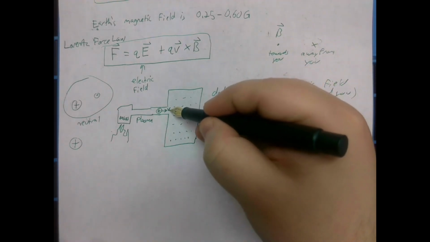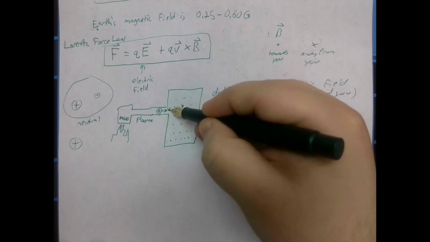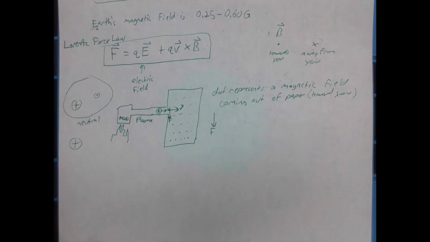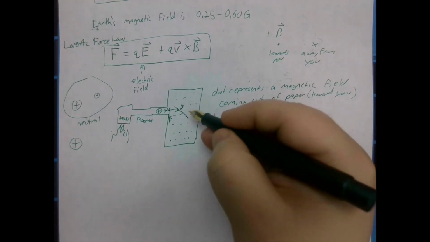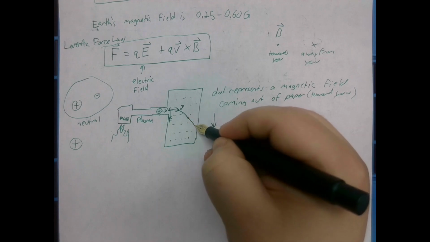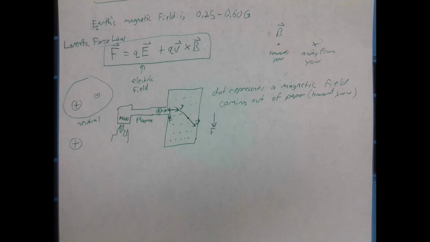So it's going to come over here and be moving that way, but there's a force pointing downward. So what's it going to do? It's going to start turning downward, right? Now the velocity vector is pointing this way. What direction will the force be pointing?